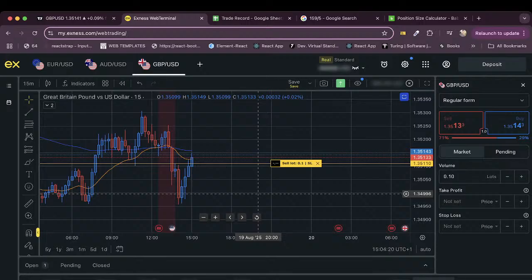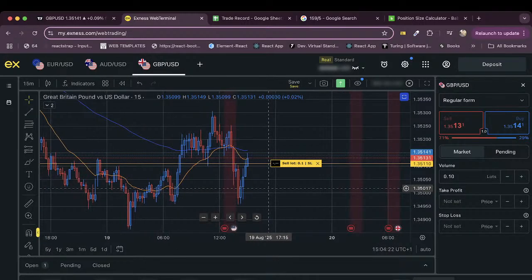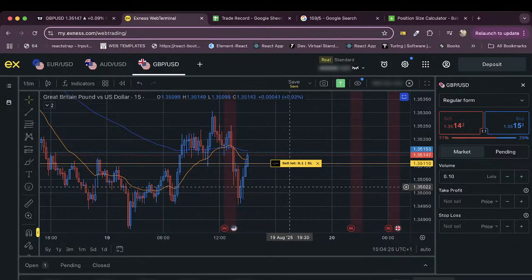That is, if you really want to pursue a career in trading financial markets. For me, for the past few days now, I've been trying out a couple of things, and some I'm getting rewarded for trying out.